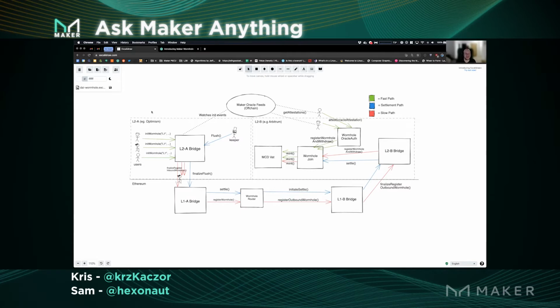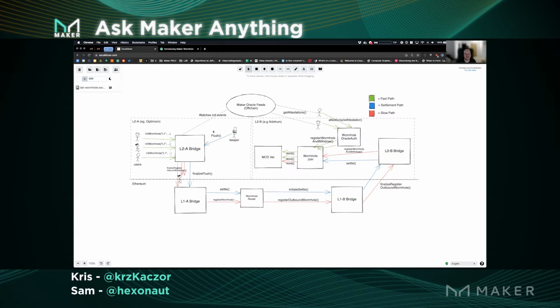And now our solution works like this. Let's focus first on a more generic case, which is a layer 2 to layer 2 wormhole. On layer 2A, which is in this case Optimism, we have users that call initiate wormhole, and this call burns DAI immediately on this layer 2, and it's emitting some kind of event.